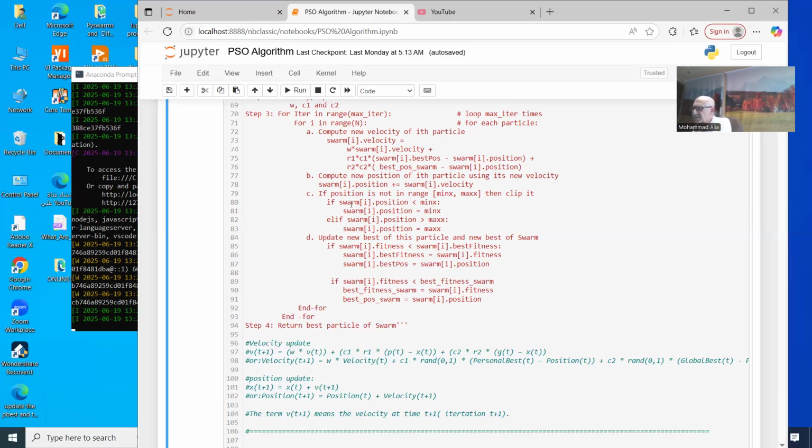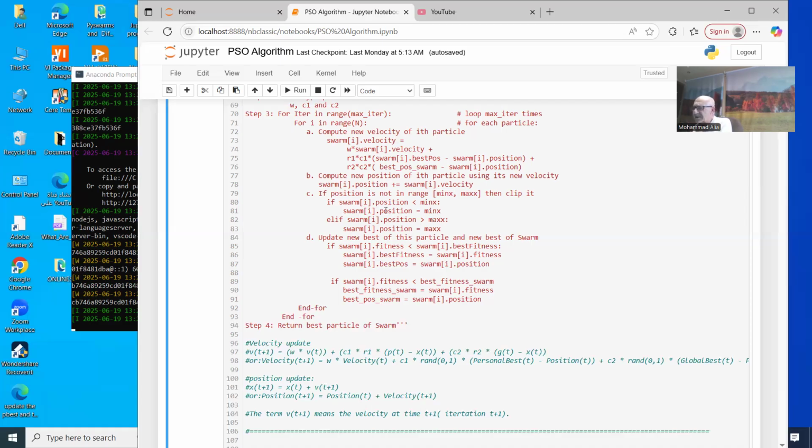If any particle I of the swarm has a position less than the minimum, the border, we assign to it a position equal to minimum x.